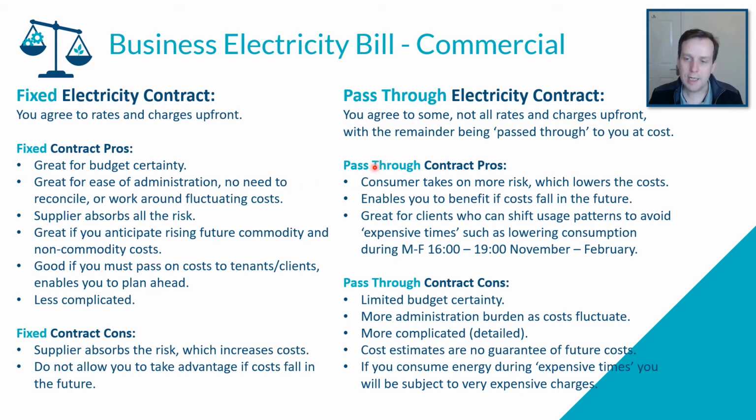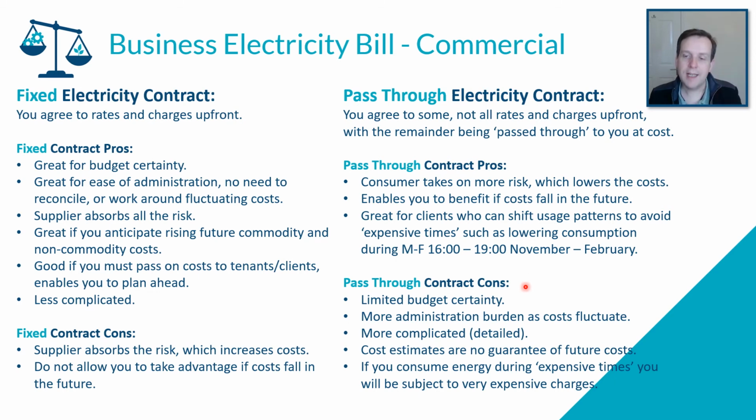A pass-through electricity contract will give you a cost for the electricity at, let's say, 8 pence per kilowatt, but also detail the government charges, the TUoS charges, the transmission charges as separate line items on your bill, because regardless of the type of contract, it's your energy supplier that collects the money on behalf of the distribution company and the national grid company.